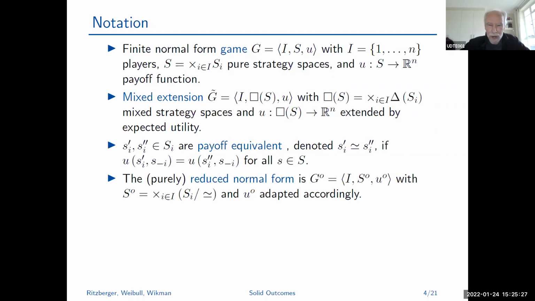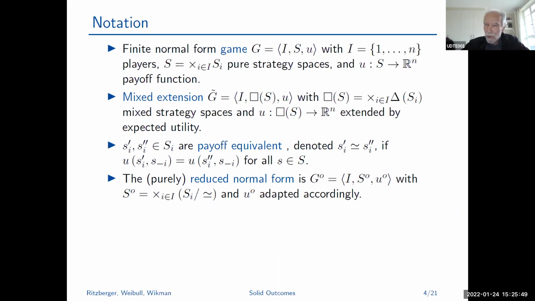Now, just to remind you of how we get to reductions of the normal form, payoff equivalents. Two strategies of the same player are called payoff equivalent if they give the same payoffs to all players for all strategy combinations among the opponents.